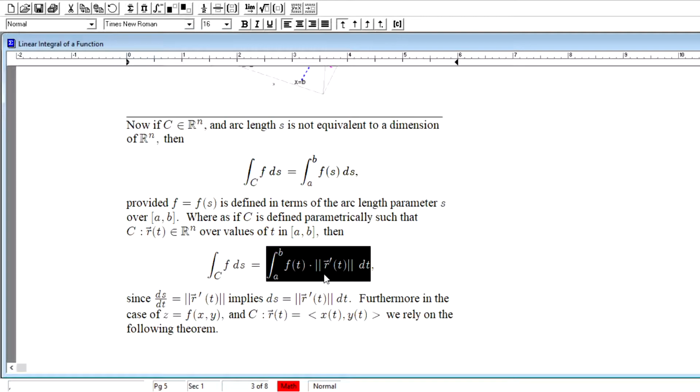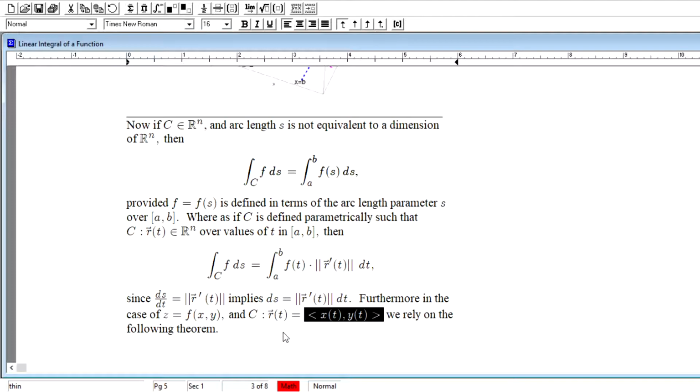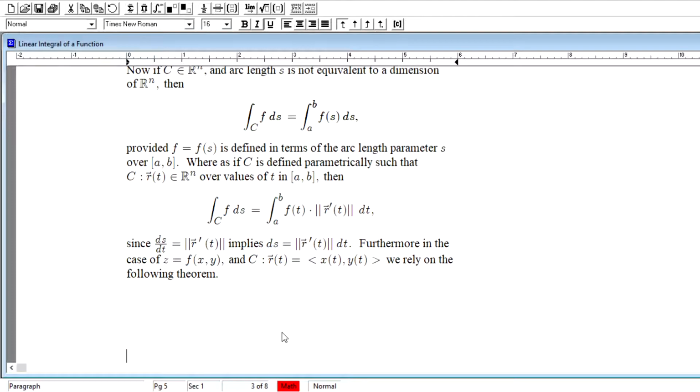Right? Now, furthermore, in the case that we have f being defined by the multivariable function f of x comma y, representing z in our integration, and c defined by r bar of t, the vector valued function x of t, y of t, we rely on the following theorem for our calculation.